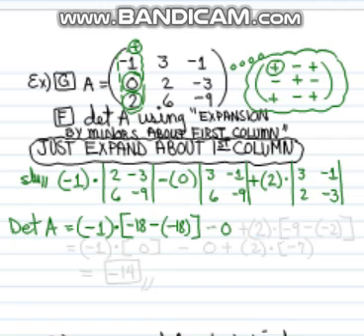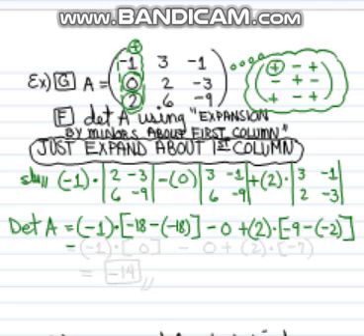We don't need to put anything more than 0. Then we can move on to positive 2 times bracket, cross product is 3 times negative 3 is negative 9, minus negative 2, parenthesis, bracket.